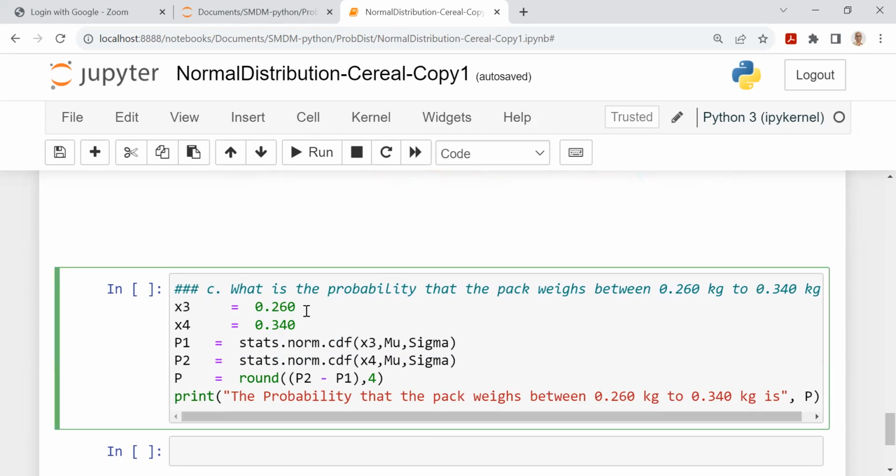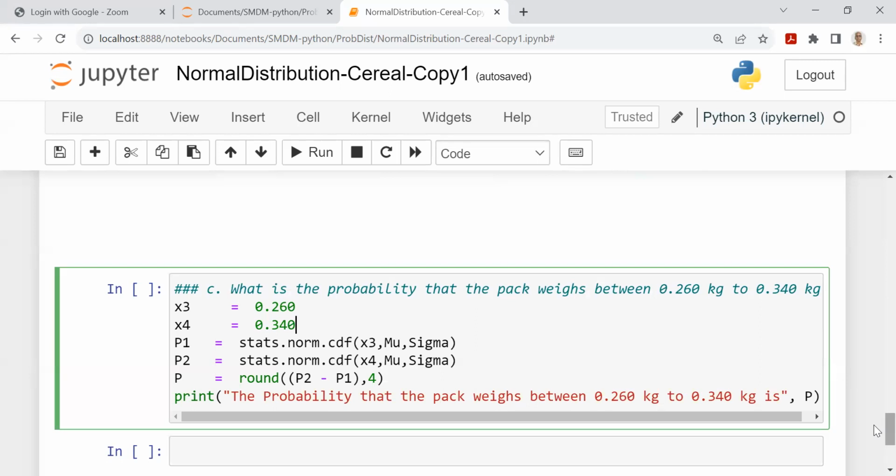Define x3 as 0.260, x4 as 0.340, P1 equal to stats.norm.cdf of x3, mu, sigma. P2 is stats.norm.cdf of x4, mu, sigma. P is rounding P2 minus P1.